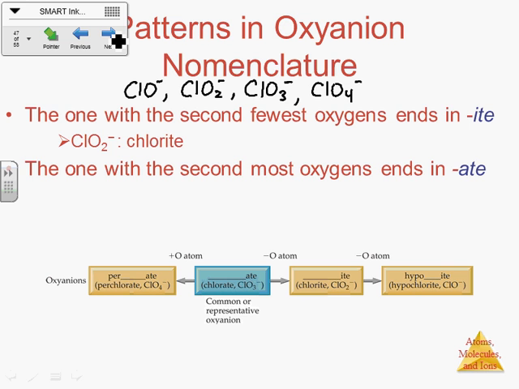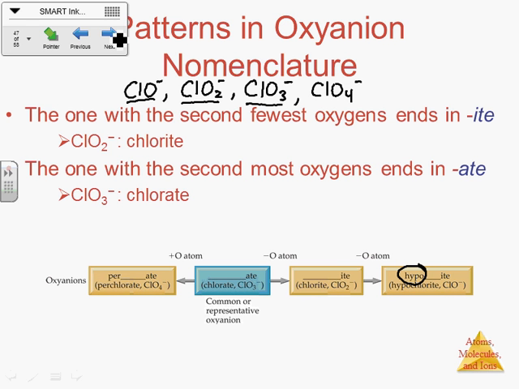The one that has the second fewest oxygens is going to end in ITE. So ClO2 minus is chlorite. The one with the second most oxygens, ClO3 minus, ends in ATE, chlorate. The other two are a little bit more tricky. The one that has the least number of oxygens overall, you put a hypo in front of it and leave that ITE ending on it.